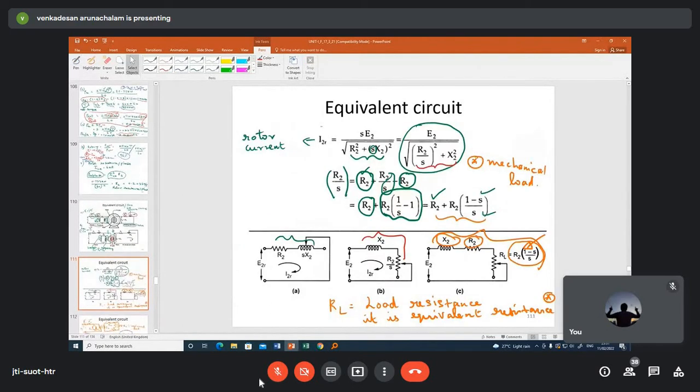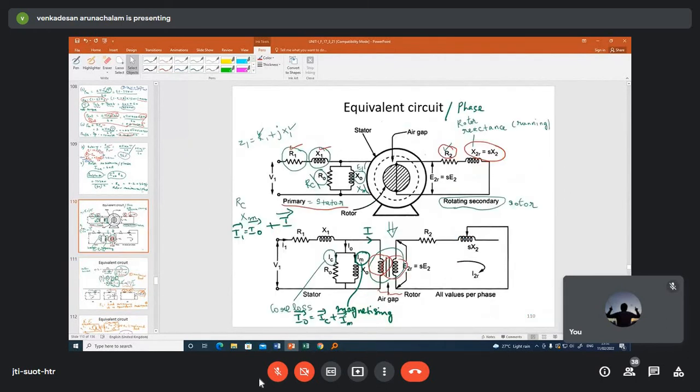Now here we are doing one small modification in the equivalent circuit. The rotor current can be written as SE2 divided by the square root of R2 squared plus (SX2) the whole squared.